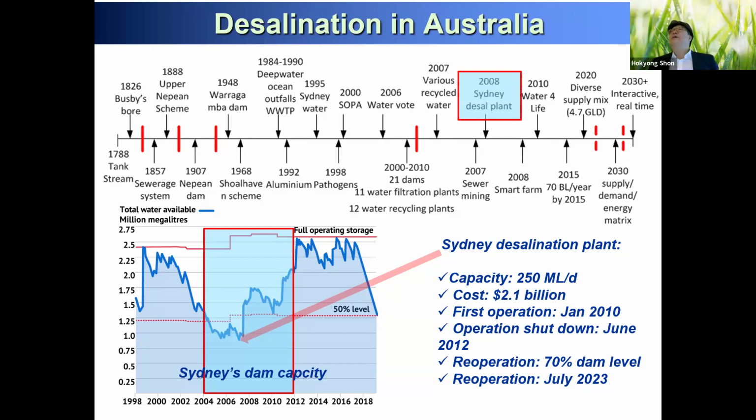So since 2021, we have operated at a minimum. We don't have to fully operate 250 megaliters per day, but we just do minimum maintenance of the plant and then produce the minimum water and mix it with your water supply.